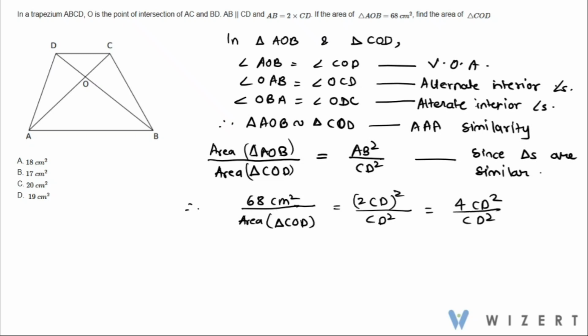CD square gets cancelled out, and we are here with area of triangle COD equal to 68 divided by 4 centimeters square. Therefore, area of triangle COD is equal to 17 centimeters square.